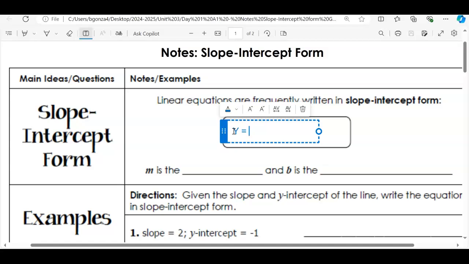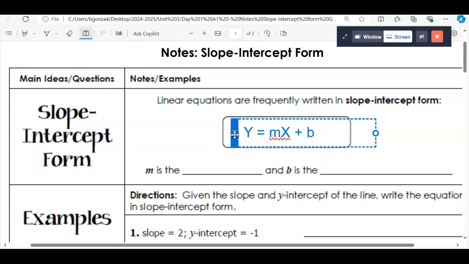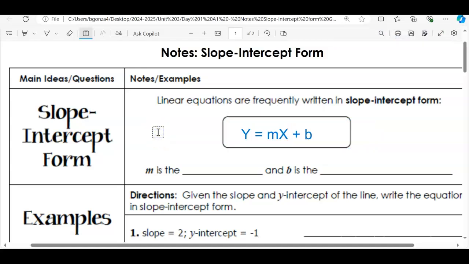Y equals mx plus b. Have y'all heard that before? If not, that's fine. Today's the day. mx plus b. This is the linear slope-intercept form. You're going to see this a lot during this year, and this is the day we discuss it.